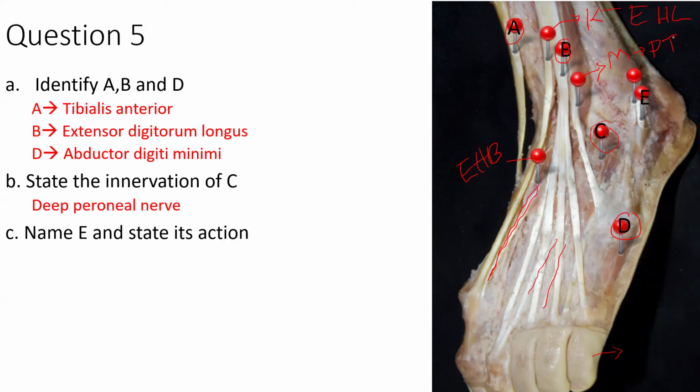Okay, then we've been asked to name E and state its action. You can see we have two tendons here, one there, and the one below. The one below, named as E, is the fibularis longus tendon, or the peroneus longus tendon. The one above it, which has not been labeled, I'll label as N. That is the peroneus brevis tendon.